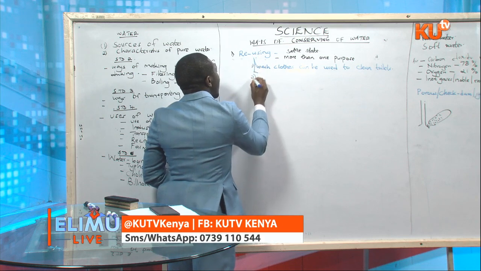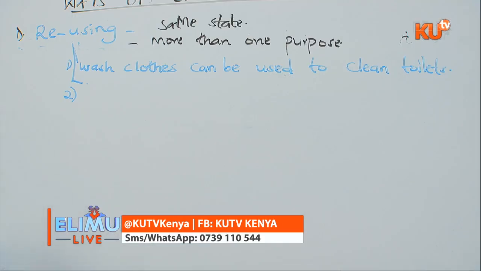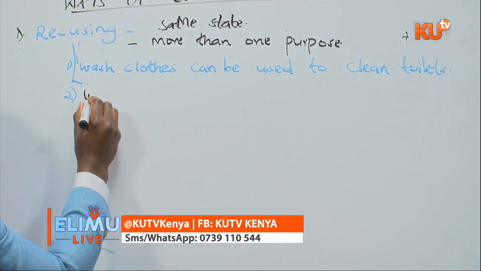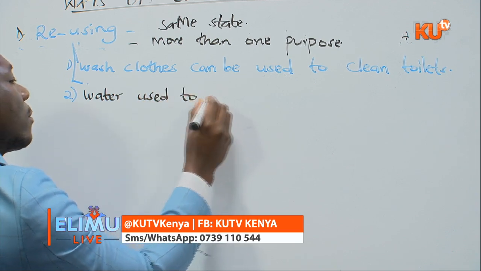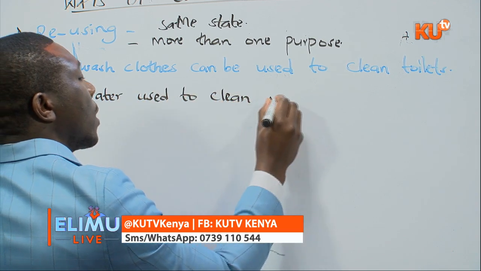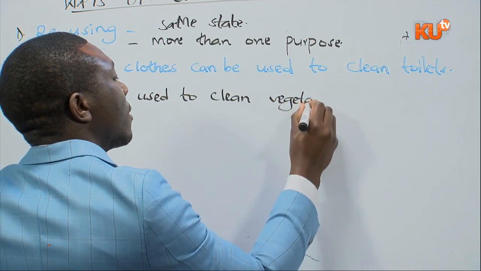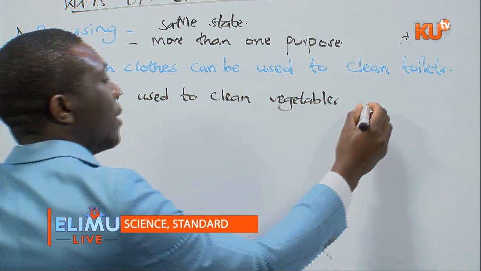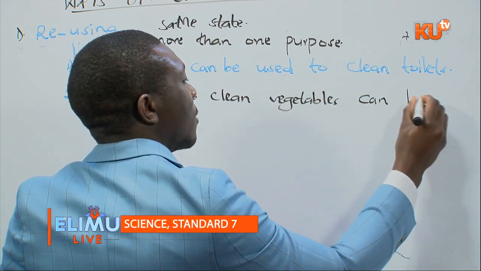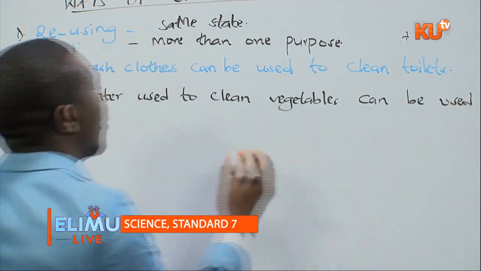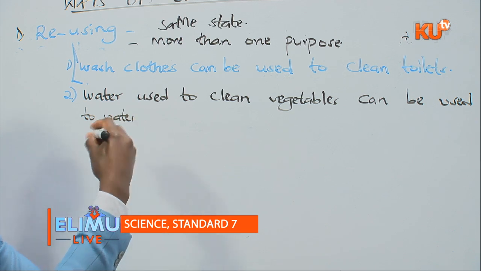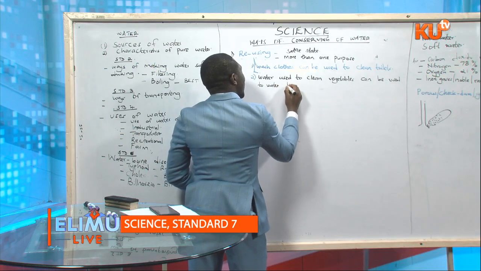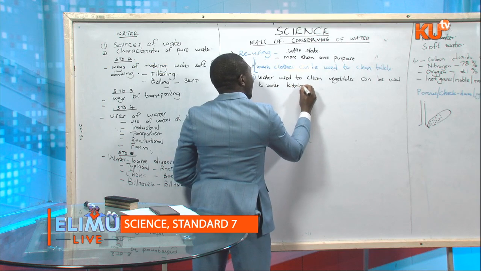Number two, under ways of reusing water, water that is used to clean vegetables can be used to water the garden, the vegetable or kitchen garden.